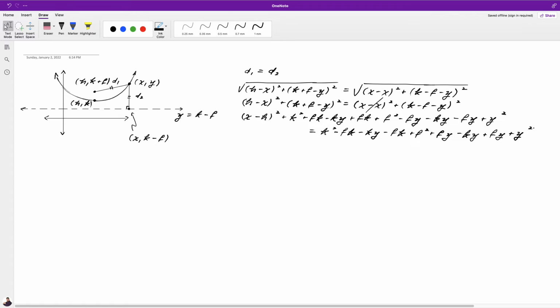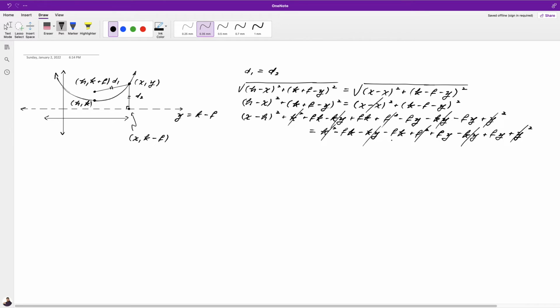All right. So clearly we can subtract a k squared from both sides. We can subtract a y squared from both sides. We can subtract an f squared from both sides. We can add ky to both sides, and add ky to both sides again. Very good.